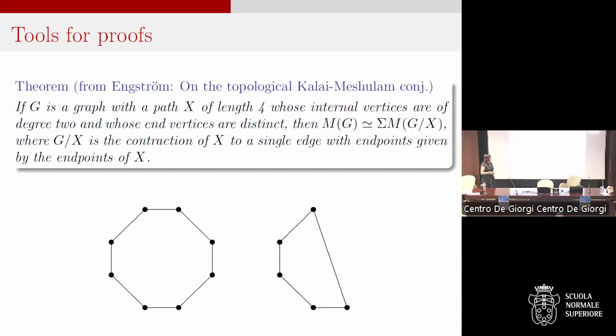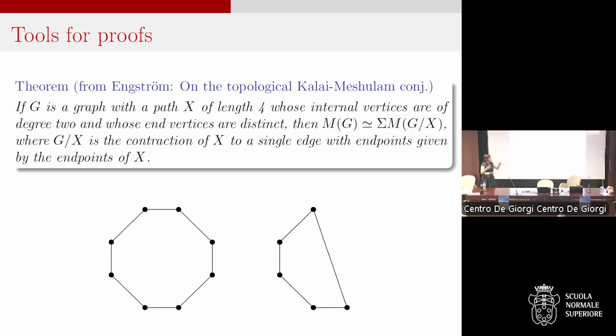And the next thing we need is this. When I have polygons, I would like to somehow reduce them. It says that if I have a path of length 4 whose internal vertices are of degree 2, so an induced path of length 4, I can again just collapse it and have a nice transformation in the matching complex.